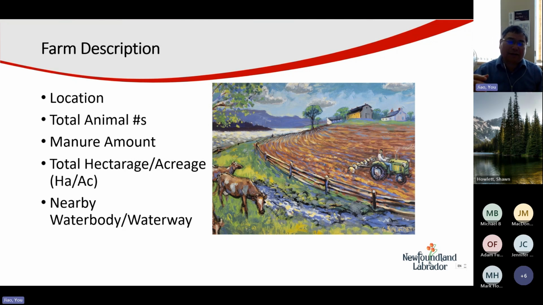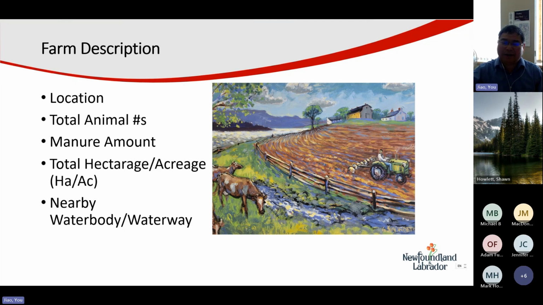So my farm has 100 acres, or 200 acres. Roughly, the idea is that with this description information, how many animals and how big my farm is, we can see how much the land can take the nutrients and the manure, and we want to make sure we are not over-manuring.